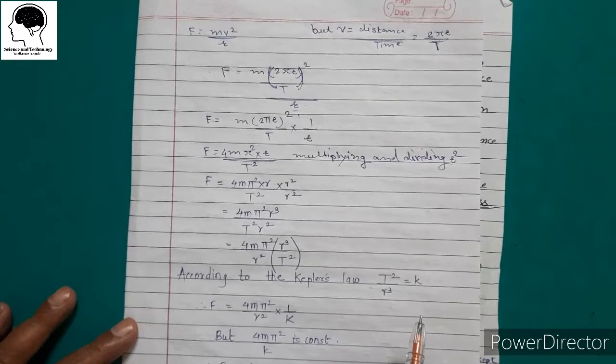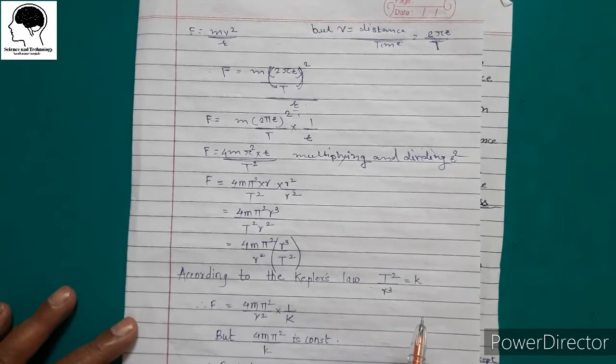We see in nature, in the universe, in our solar system, different planets revolve around the sun along their particular circular paths, and its motion is constant.